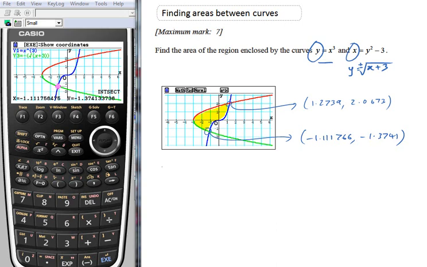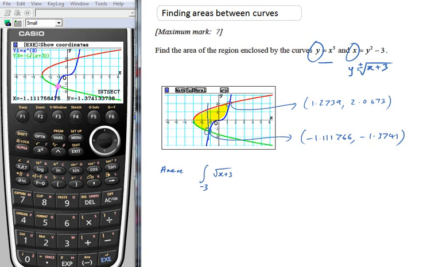The area I'm going to go for will be the integral of the square root of x plus 3, and that will have to be between the point where it reaches the x-axis, which is clearly at minus 3, and the point where we've got here.